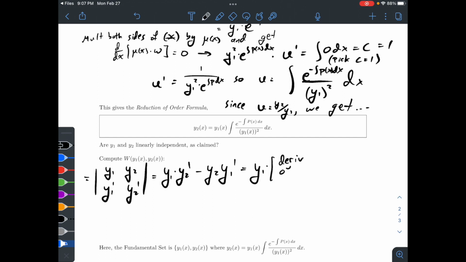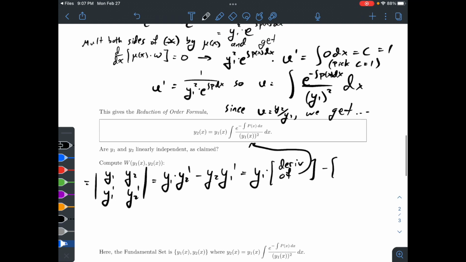Well, it's just the derivative of this whole thing. And then y2 times y1 prime. What was y2? Oh yeah, y2 is literally just that. And then times y1 prime.